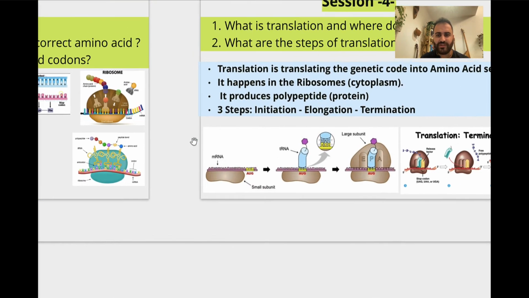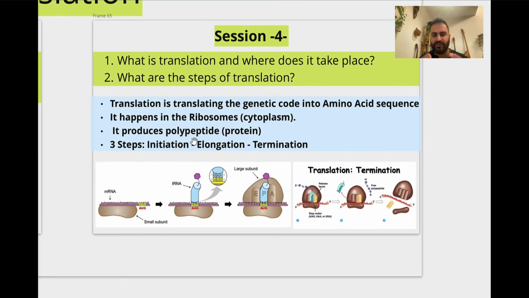So what is translation in one sentence? How can we summarize it? Simply, it's translating the genetic code or the messenger RNA into an amino acid sequence. And it happens in the ribosomes. It means in the cytoplasm. It happens in all cells, since all cells have ribosomes, including prokaryotes, eukaryotes, plant cells, animal cells.